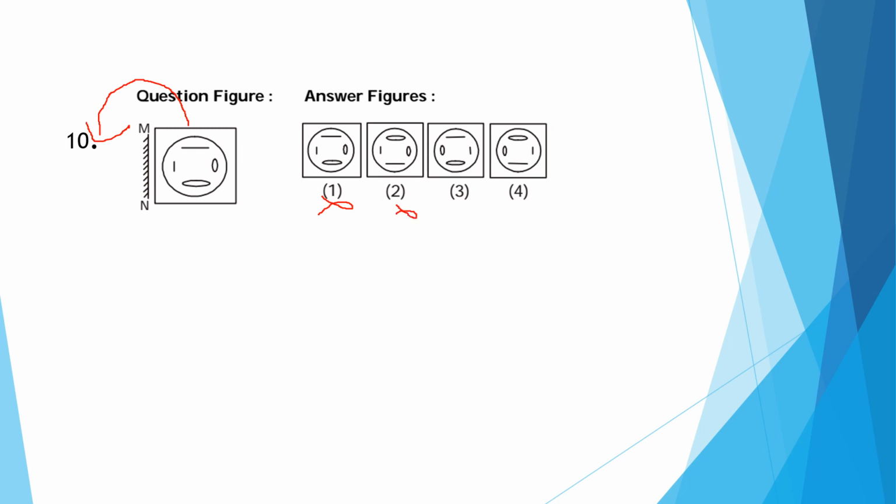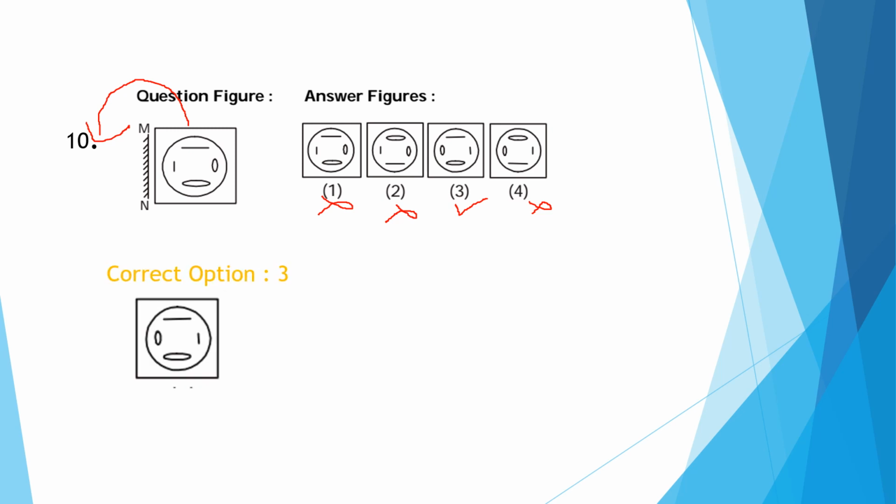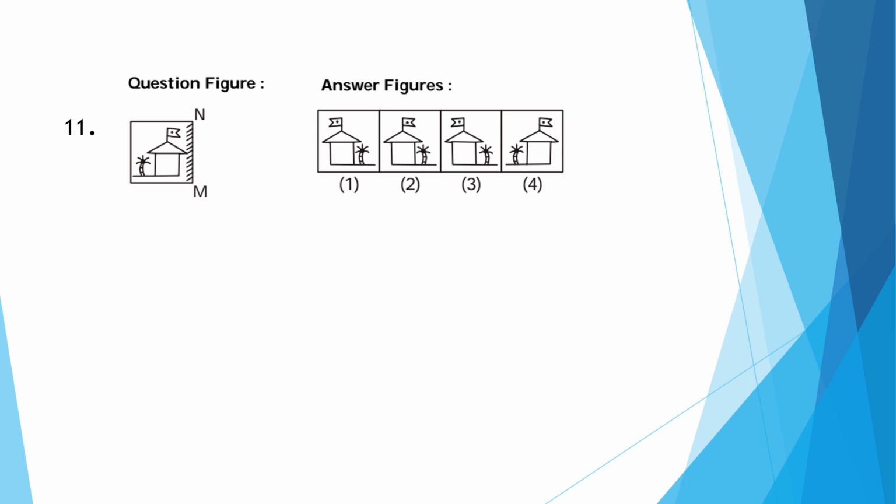The second one is also wrong. See the third and fourth options. This round eye comes to the left side, and the fourth diagram changes up and down, so it is a wrong option. So the third option is the correct answer. So the answer is third. Next, let's go to the next question.